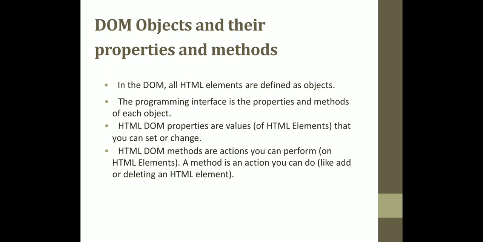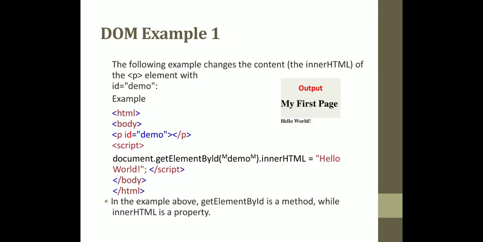And HTML DOM methods are actions that you can perform again on HTML elements. Okay, so these are the things related to the document object model. Now we'll see with an example how they are executed in code.